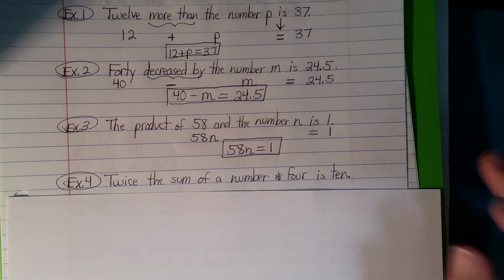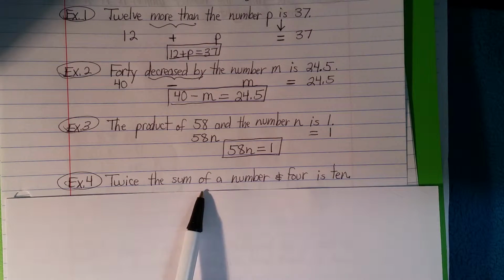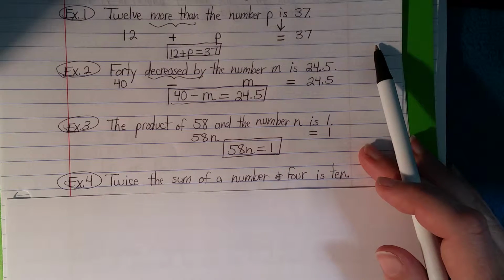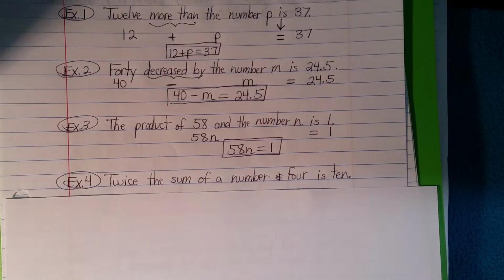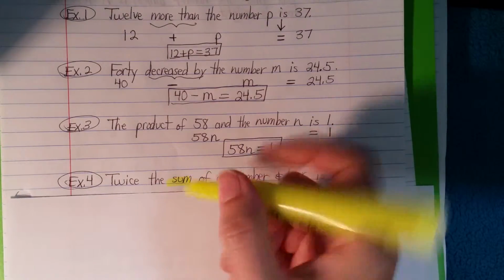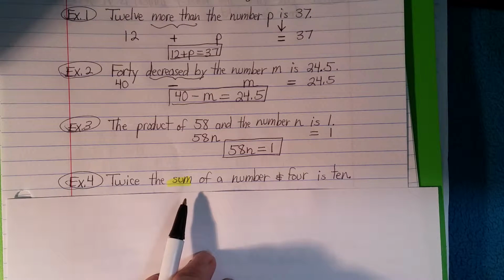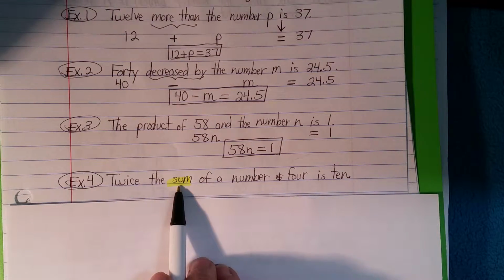They can add a few more things that make it a little confusing, so you have to be careful. Twice the sum of a number and 4 is 10. Now, remember the word sum, when you see that, let me highlight it. In your mind, think about the possibility of needing parentheses. It's not always the case. If I said the sum of 2 and 3 equals 5, it's just 2 plus 3.